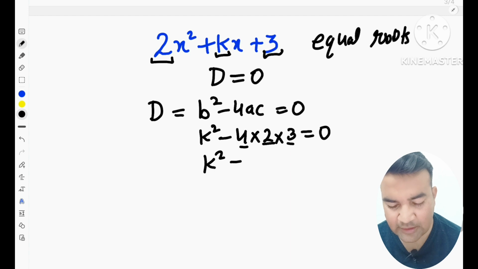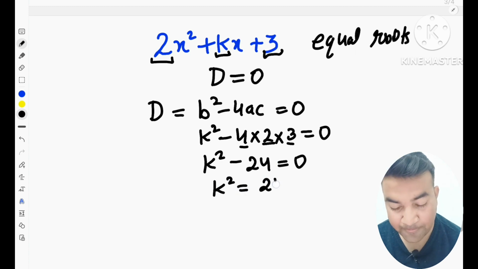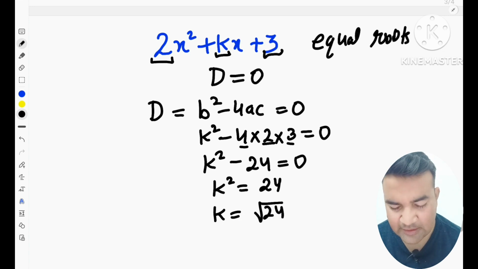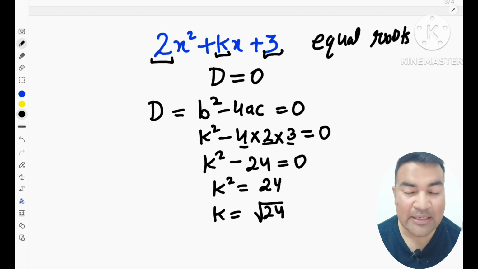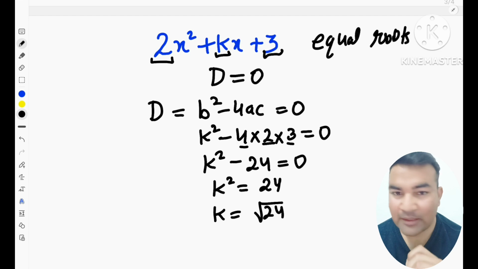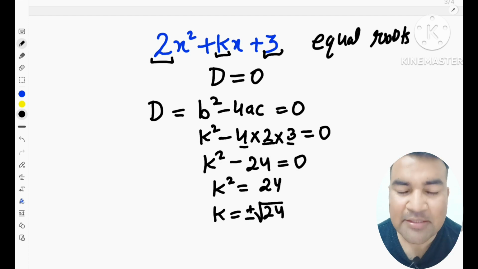So what will it be? 24 equal to 0. Then your k square is equal to 24. That means k is equal to under root 24. But remember one thing, whenever we have degree 2, that means the highest power is 2, it will always have two answers. So we will use plus minus.